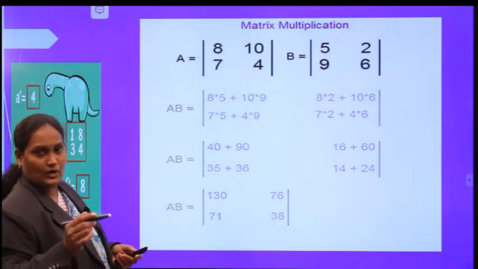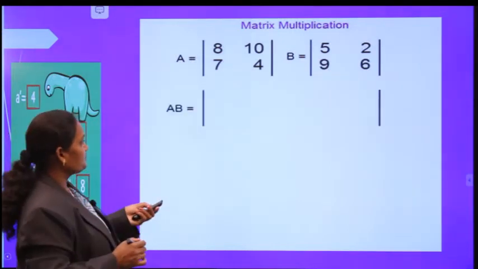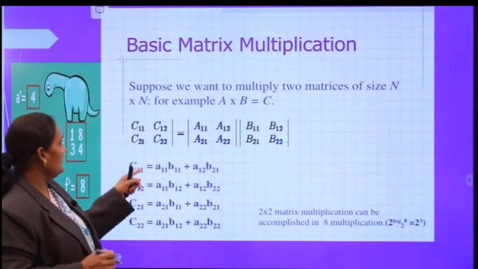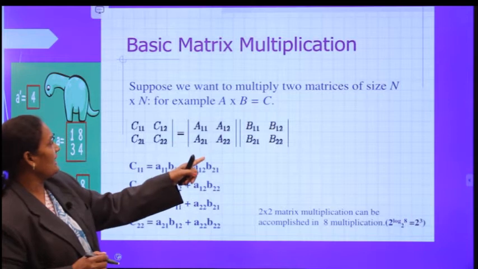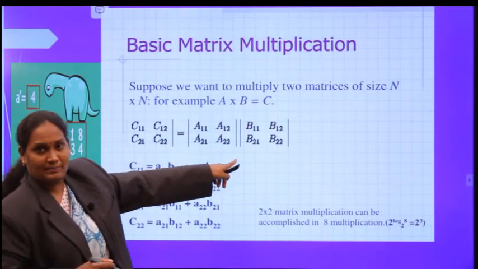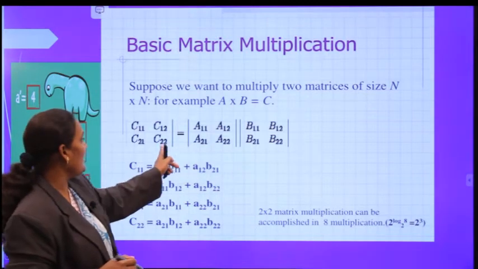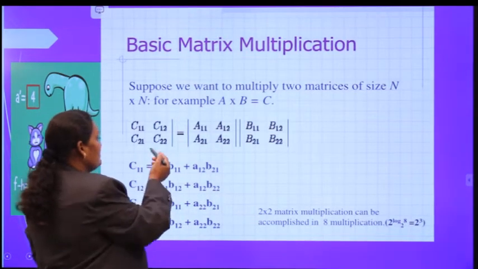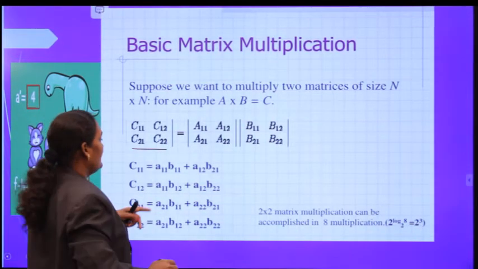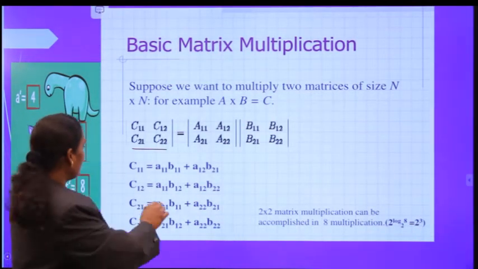If you consider two 2 by 2 matrices A and B, by the multiplication of these two matrices you will get C. Now, how can this C be obtained?